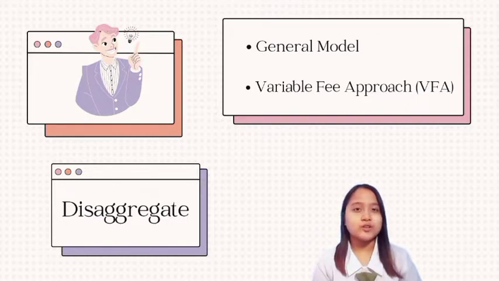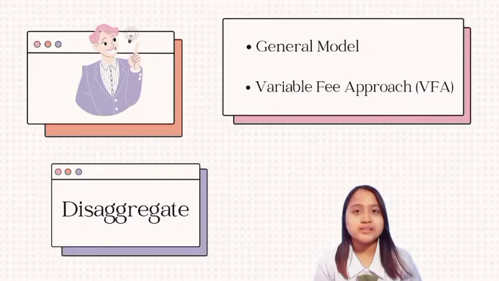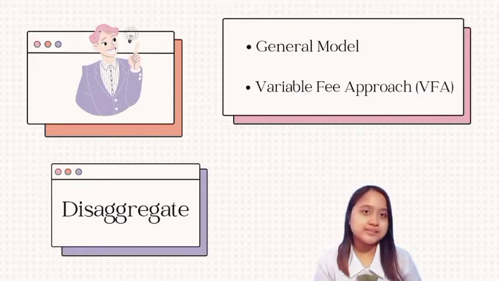On the other hand, under the variable fee approach, for direct participating insurance contracts, only where the entity holds the underlying items, disaggregating means it presents in profit or loss as insurance finance income or expenses an amount that eliminates the accounting mismatches with the finance income or expenses arising on the underlying items.